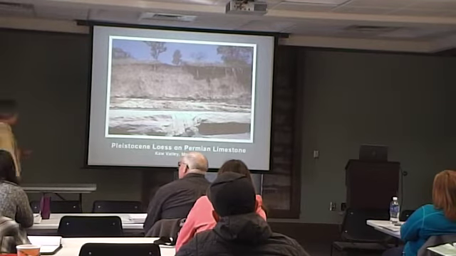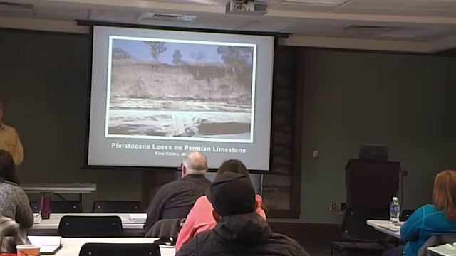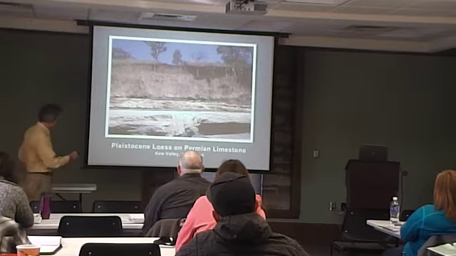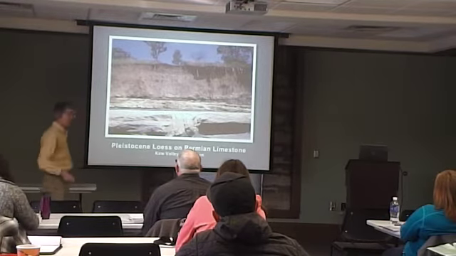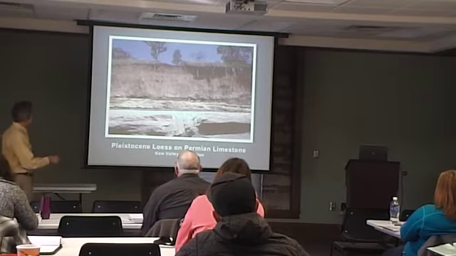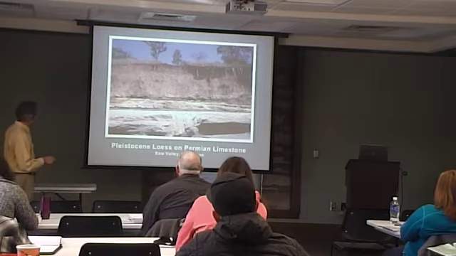It's wind blown. As the ice melts, it also has lots of this fine material. Once it dries out, wind picks that up, carries it away from the front of the glacier and deposits it in these big, thick deposits of very homogeneous looking stuff, all very uniform in grain size.